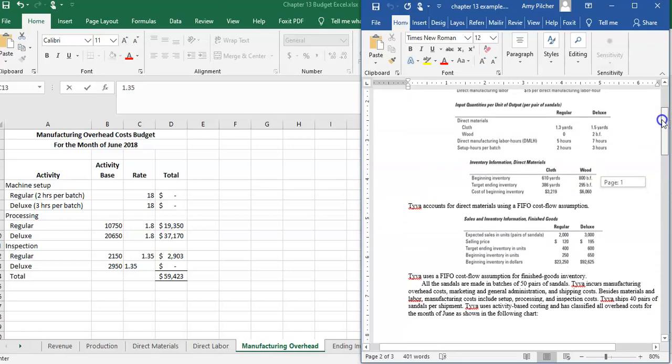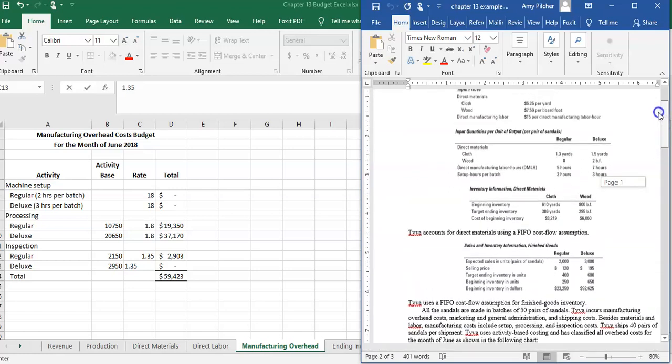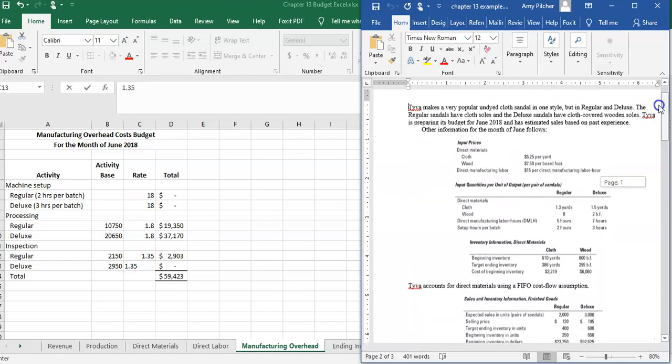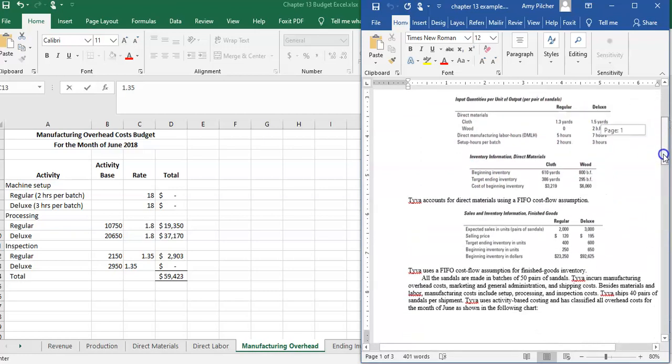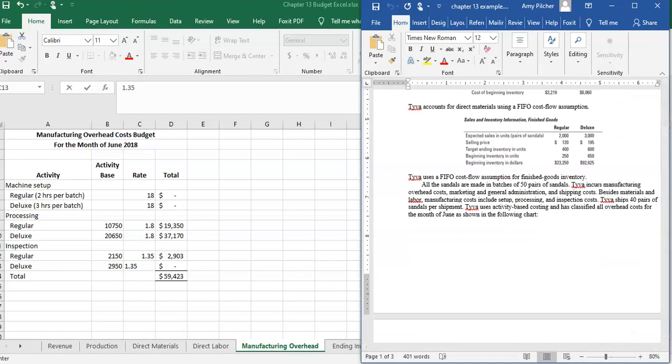The information we need now is how many batches it takes to create a pair of sandals. Each batch makes 50 pairs of sandals.